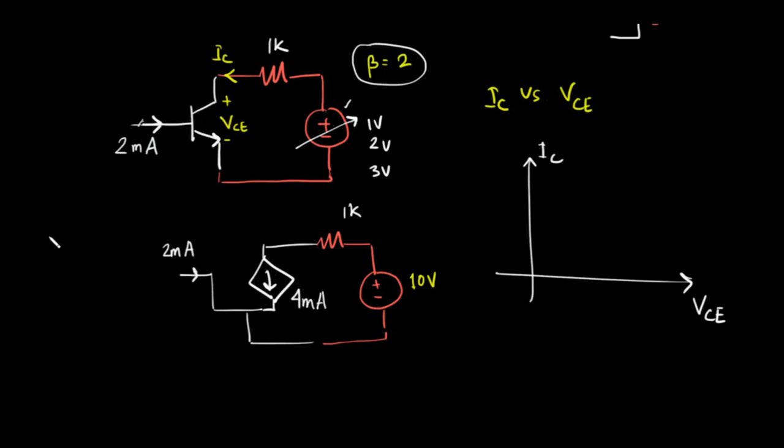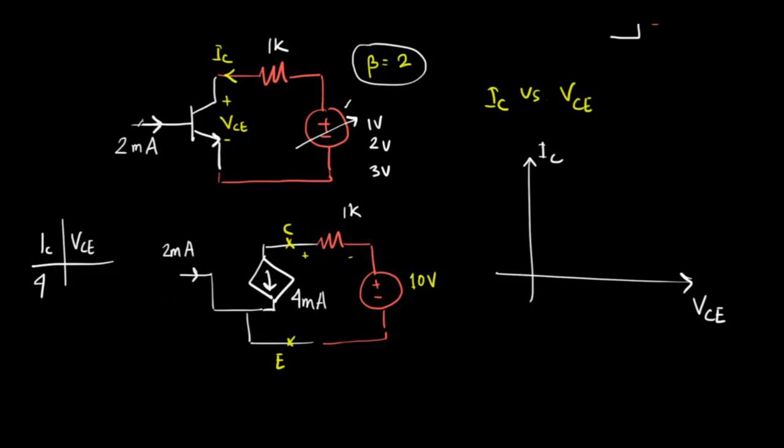Let's draw a short table on the left side, IC and VCE. What is the value of the voltage between these 2 terminals? This is the C terminal and this is the E terminal. If IC is 4 milliampere, then what is the value of this voltage?